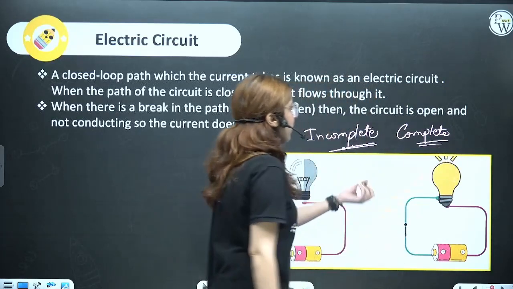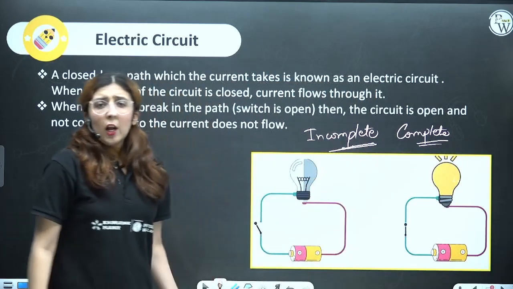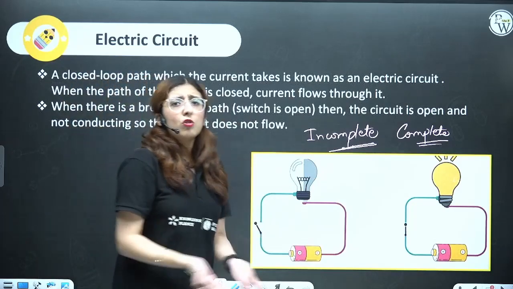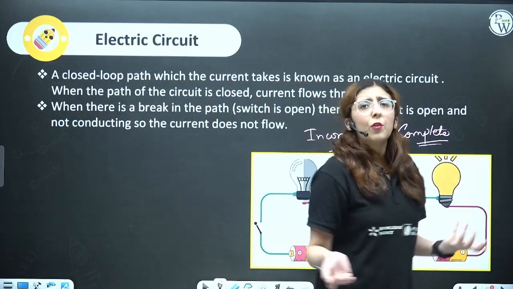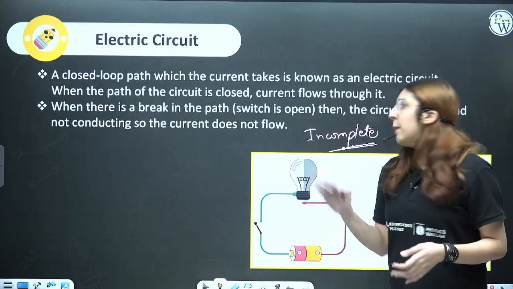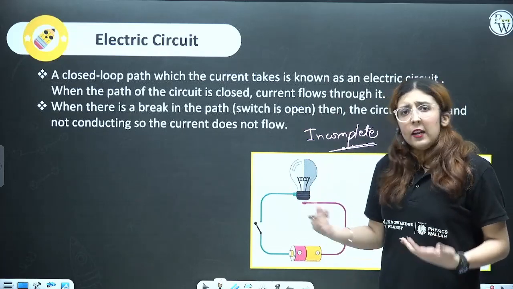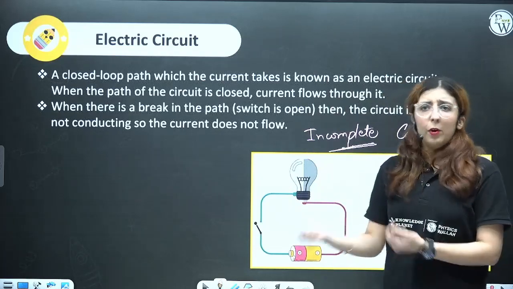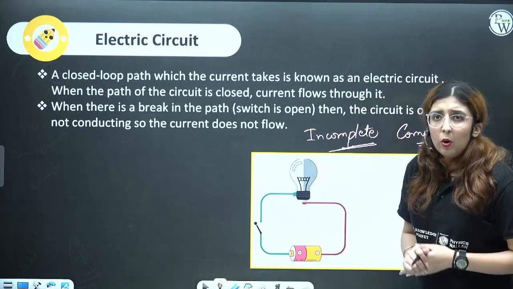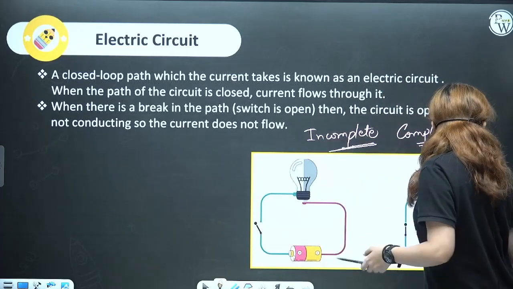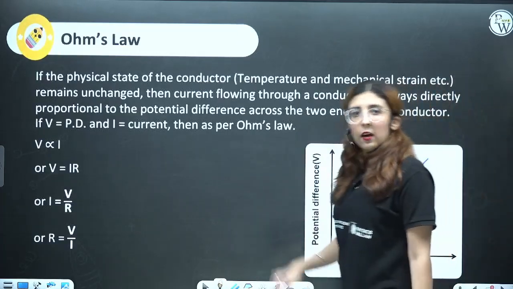Bulb glowing, certainly my device is working. So an electric circuit is nothing but a closed loop through which my current is flowing, and certainly two types, incomplete and complete. Device working, not working, switch open or switch closed, that is going to help you. As I am talking about electric circuit, certainly the basics are done.